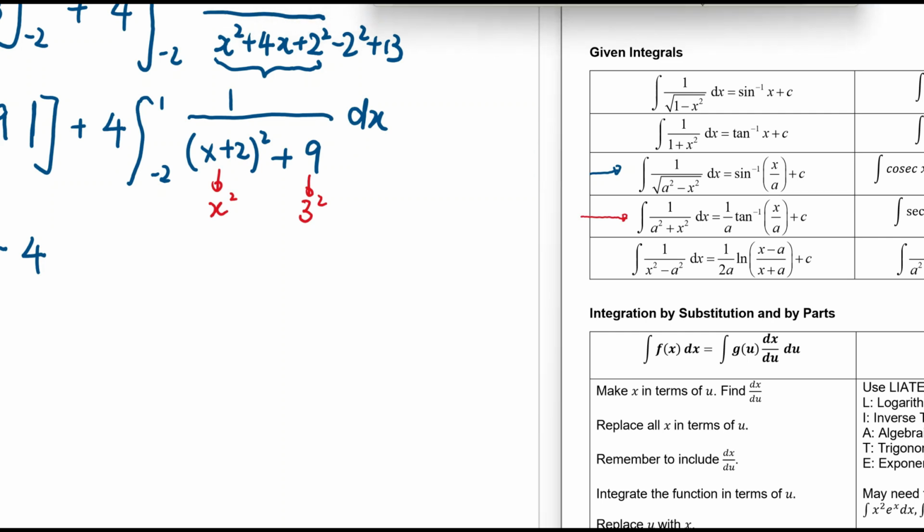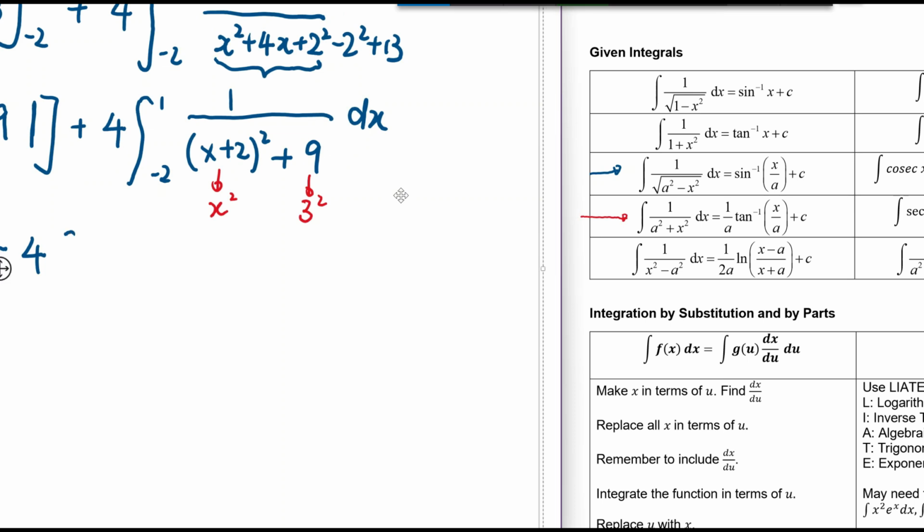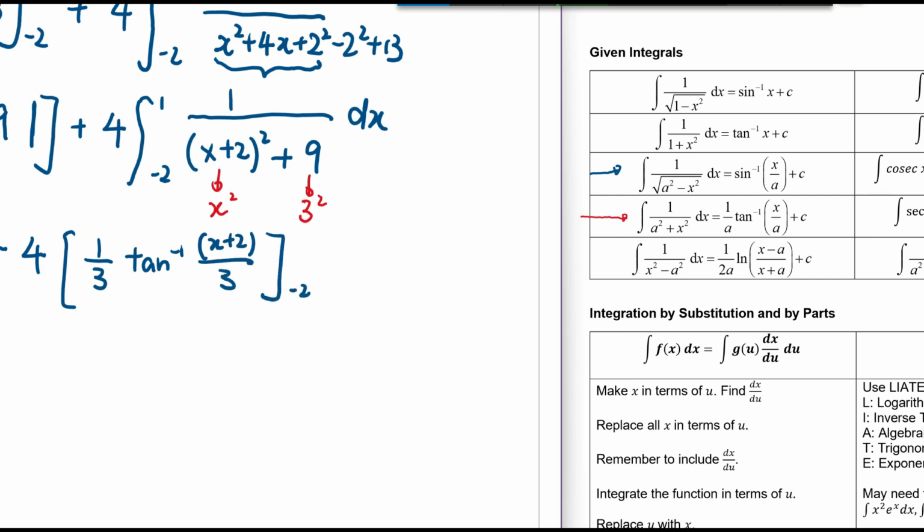So now I'm just going to apply it in: inverse tangent, there's a 1 over a and my a is 3. 1 over 3 inverse tangent of x plus 2 over 3, with my definite integrals negative 2, 1 over here.